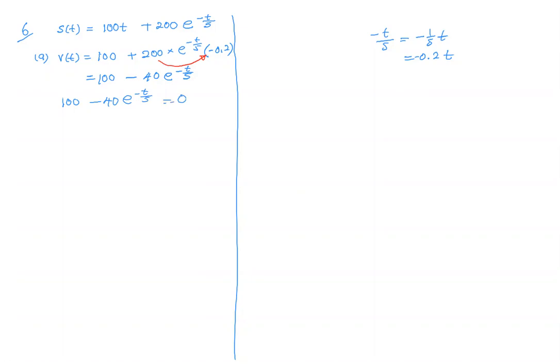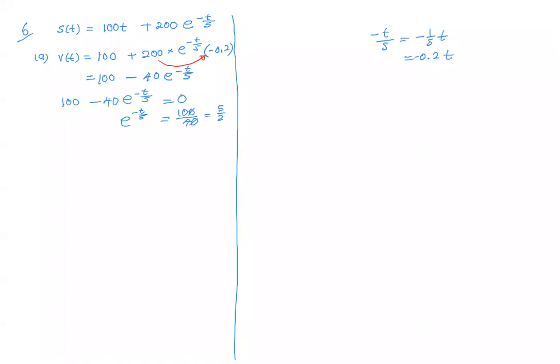So my e to the power negative t over 5 is 100 divided by 40, which is 2.5, or 5 over 2.